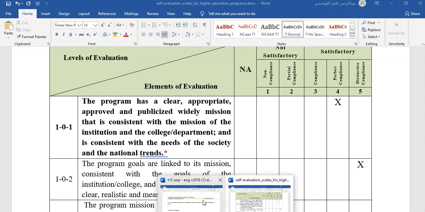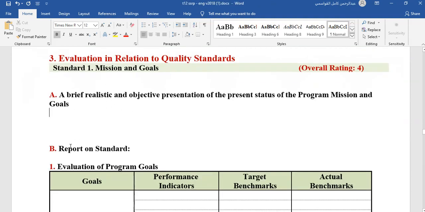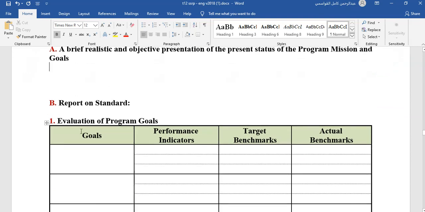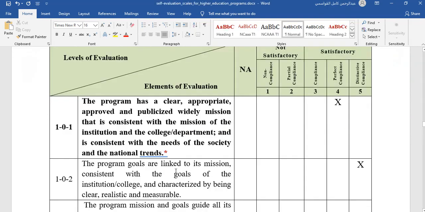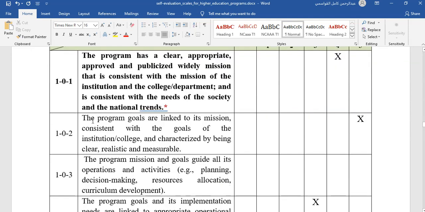You can go to your self-evaluation scale and write about your program mission and goals here. You can take the second criterion, the program goals are linked.